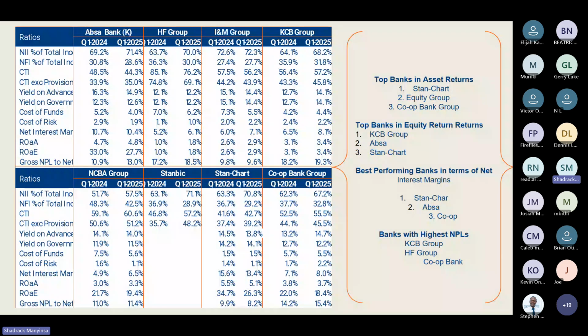So is it fair to say the return on investments is basically the return I'm getting for my money? Return on assets is like the efficiency, how efficient a bank is. Yeah, return on assets is how efficiently a bank utilizes its assets to generate income.